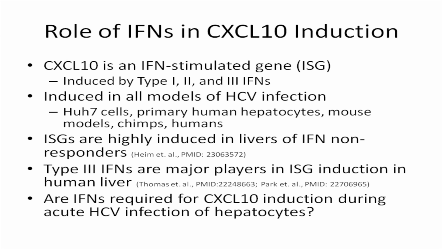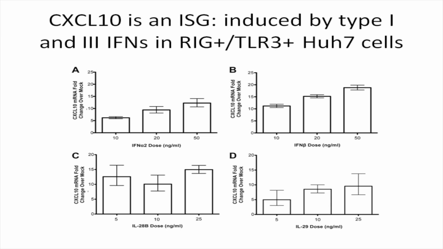So we basically asked the question, are interferons required for this? The way we approached it is, first, let's just dump on interferon and see what happens, because no one had really looked at CXCL10 induction in response to interferon in these cell lines. You can see that interferon alpha caused a dose-dependent increase in CXCL10 mRNA, as did interferon beta.